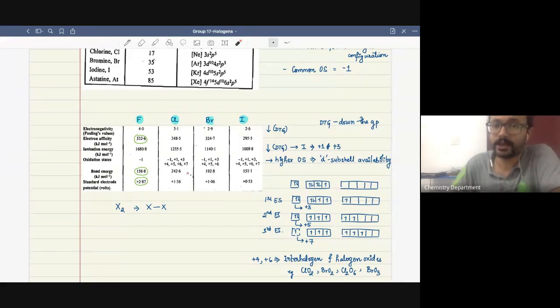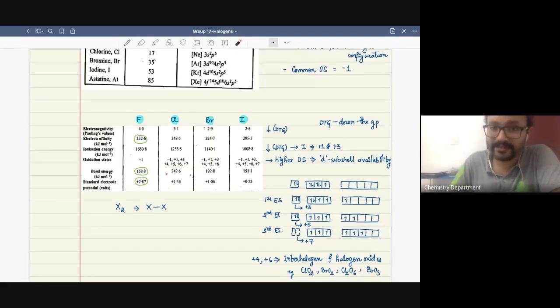So the orbital overlap for the sigma bond formation is more diffused in nature because of the larger size of the halogen atom. Because of that, the bond length will increase, and thereby the bond strength will reduce as you move down the group.